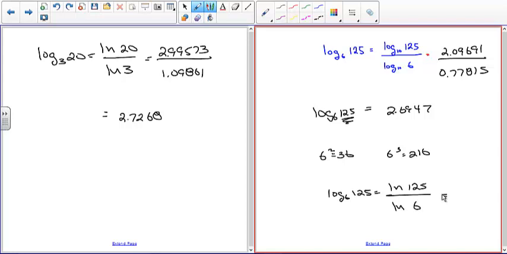So the natural log of 216 is 5.37528, and the natural log of 6 is 1.79176. 5.37528 divided by 1.79176.